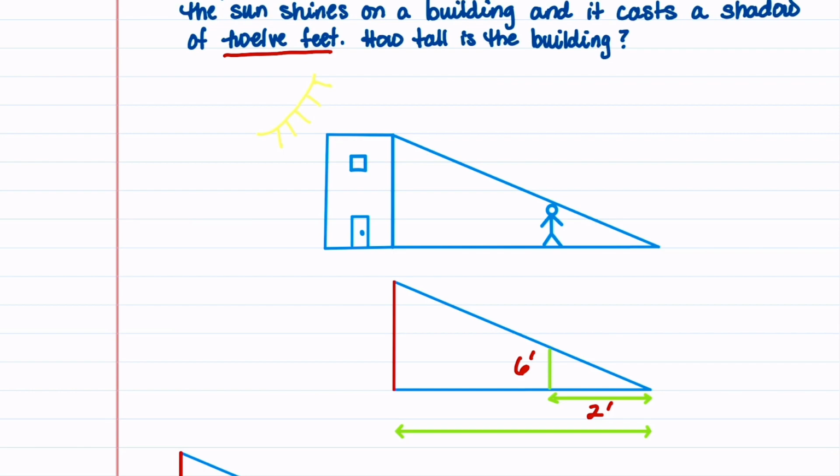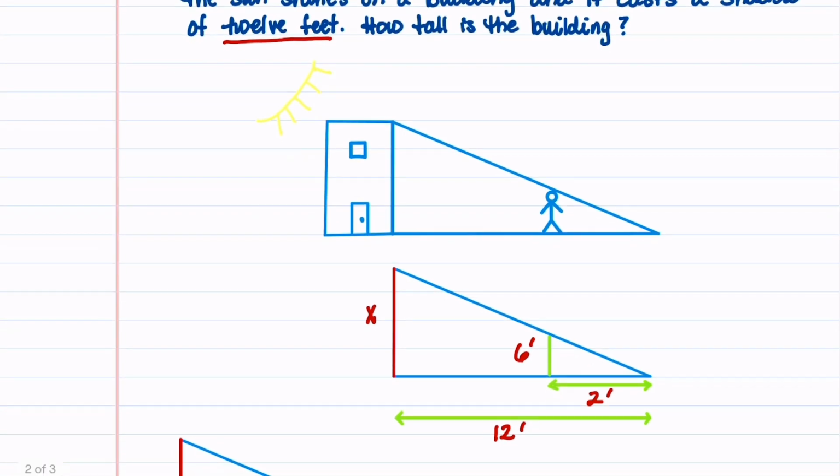The building is what we don't know, and we're going to notate that with the red. And let's label that as x because that's our unknown. And then the shadow that the building casts is 12 feet. So we can label that one. Now what we're going to do is break these 2 triangles apart and label their corresponding angles and side lengths.